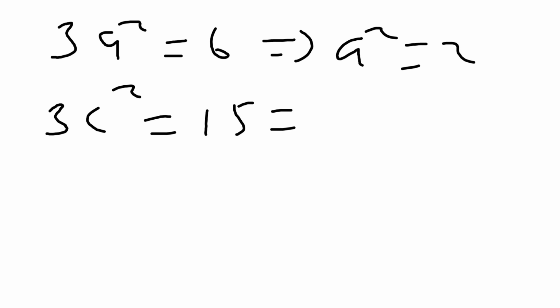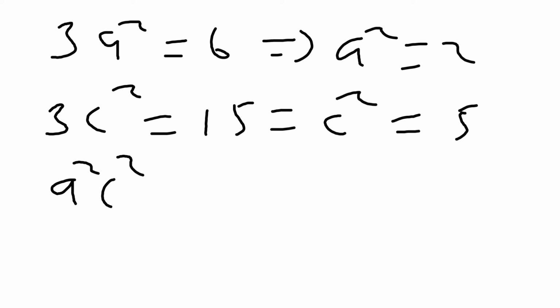That means c squared is equal to 5. Then from the second equation, a squared c squared is equal to 2 times 5, which is 10.